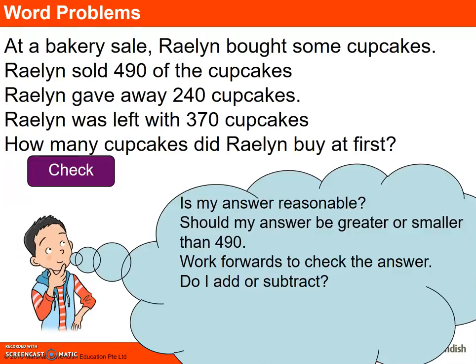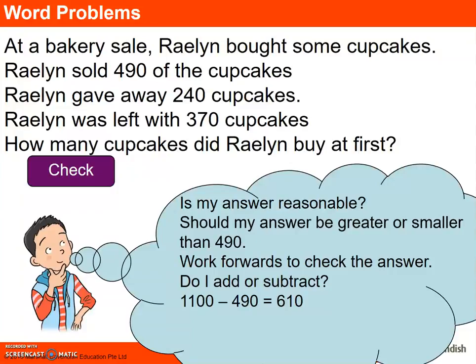Okay, let's work forward, check the answer. So, do I add or subtract when I work forward? Well, your answer is 1,100. So, you are going to sell it and give it away. So, you have to, that's right, subtract. So, yes, 1,100 subtract 490. You get 610. And what's next? Am I done?